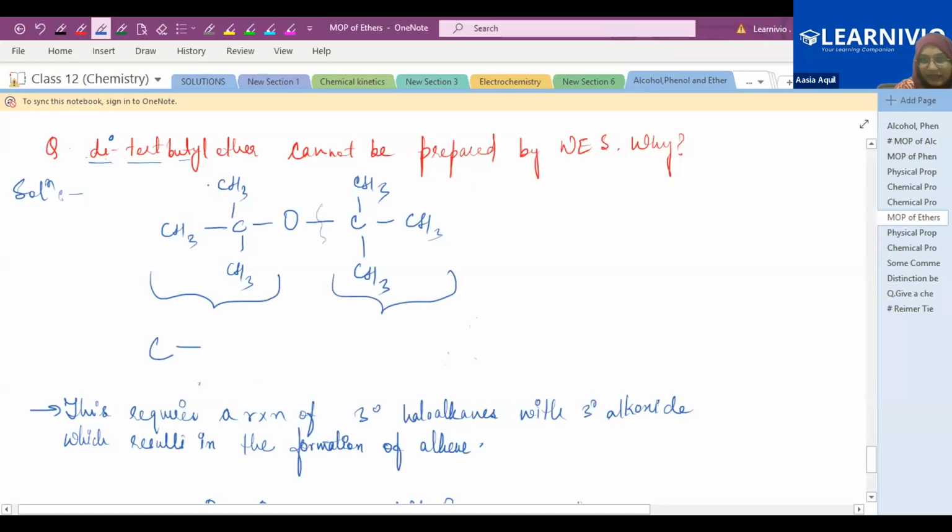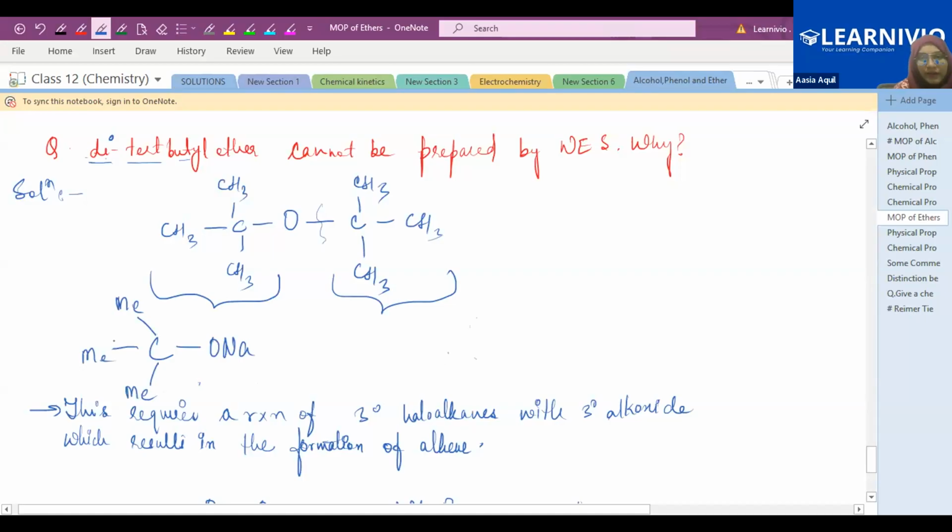इससे आप क्या बनाओगे? From this structure you will form the alkoxide, sodium alkoxide. So here this is ONa, O minus Na plus, and there are three methyl groups. Due to the three methyl groups there will be more hindrance, because these methyl groups are very bulky.